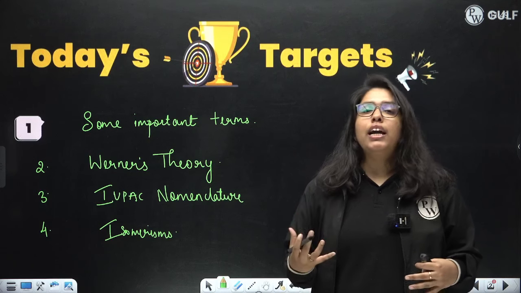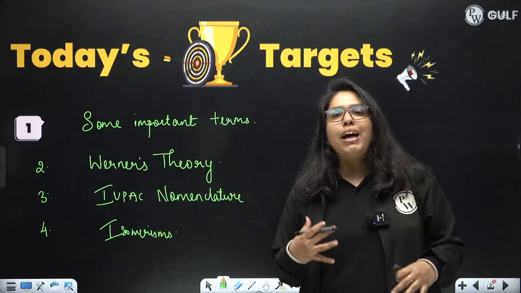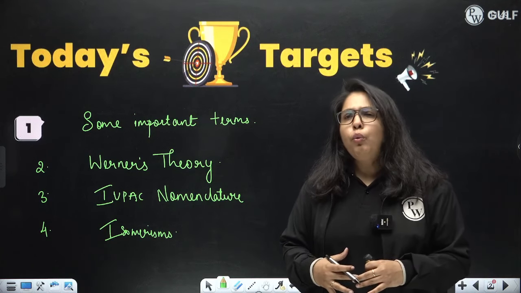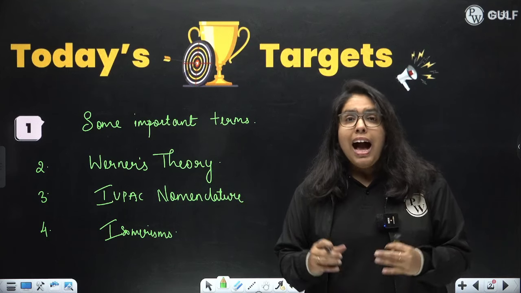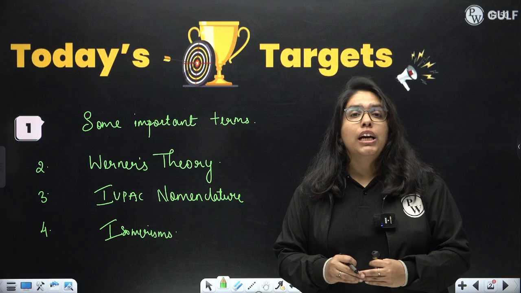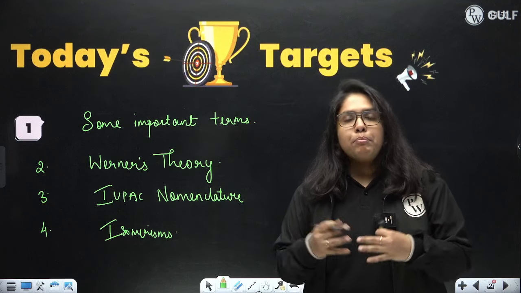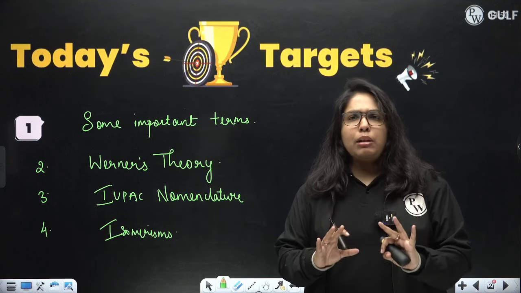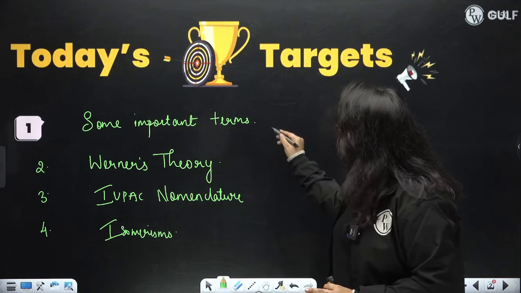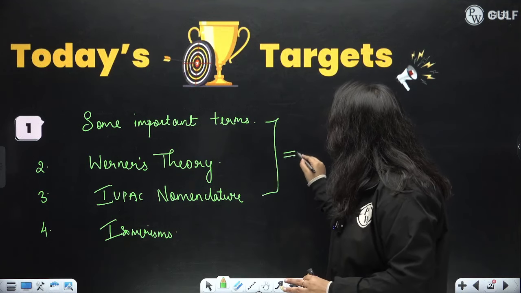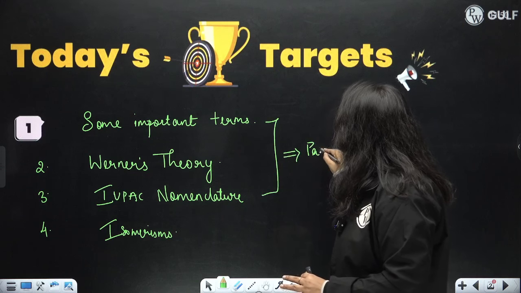Then we will learn about something known as primary valency and secondary valency, which was given by Werner in his theory. After that, we will be learning how to name the compounds. And we shall be learning about isomerism, and all of these four belong to part 1.